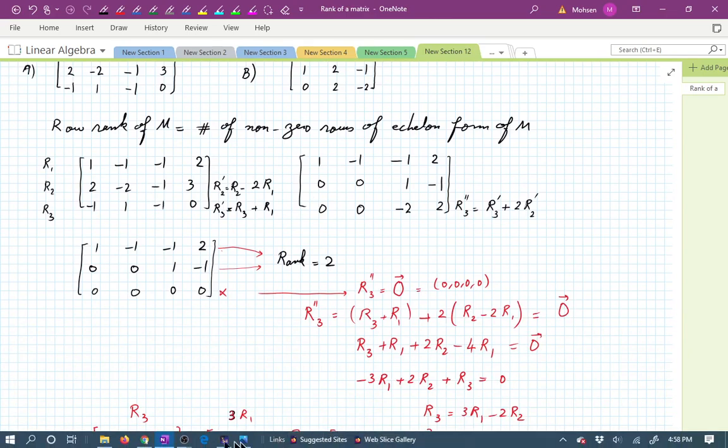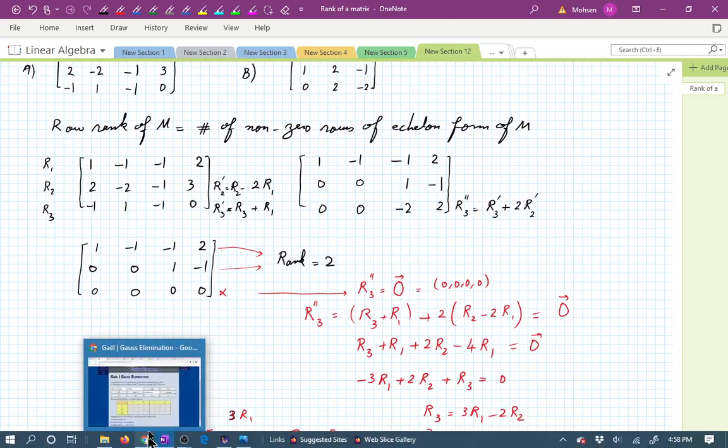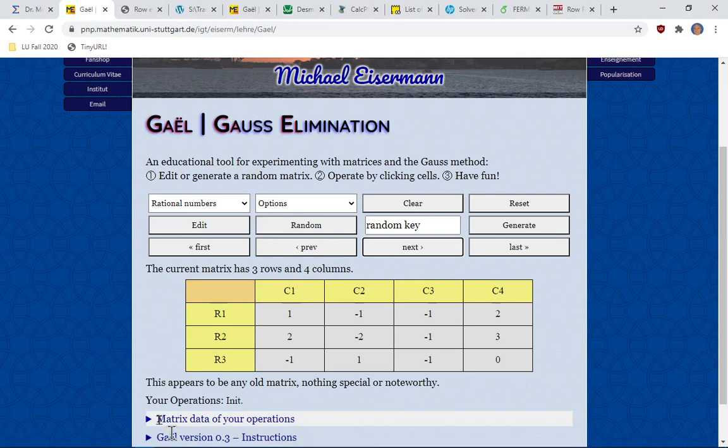Now how about the columns? When it comes to columns, we can do one of 2 things. One is to play the same game that we were playing with the rows. With the rows, you were trying to create a row echelon. Row echelon means wipe out the lower entries of this matrix. Well, what do you think is going to be?